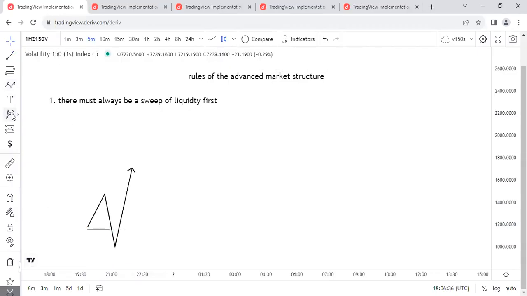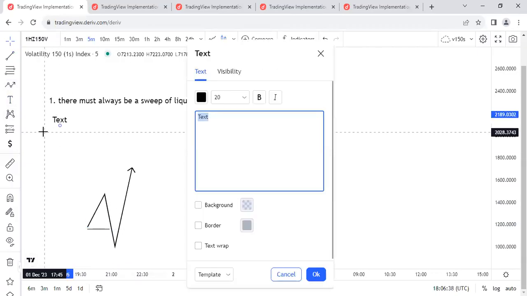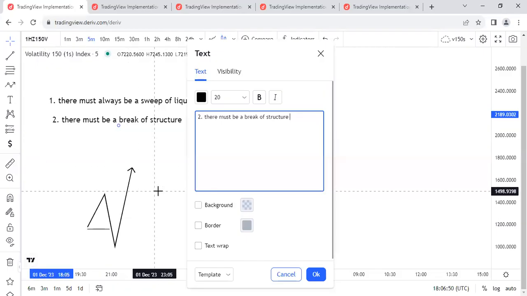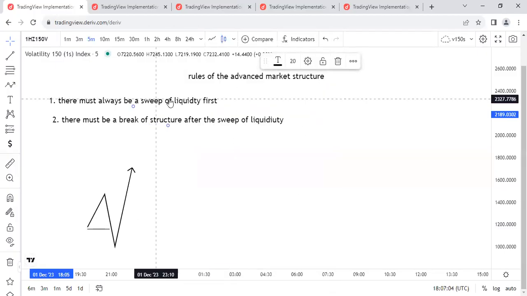Right? Rule number 2, there must be a break of structure. After what? After the sweep. Are you guys listening?